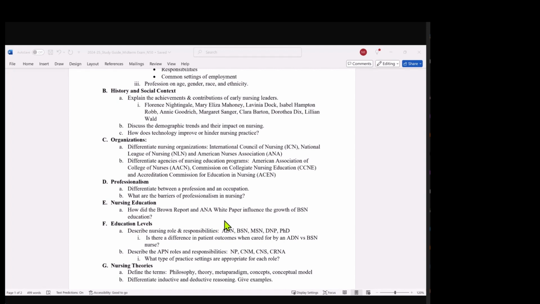And for those of you that have a book, why don't you look in your book and just share with us what is the Brown report, and then put it in chat. Anybody pull that up?